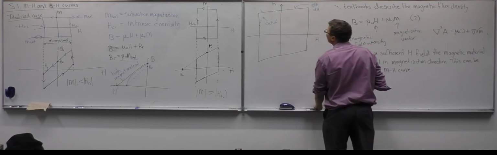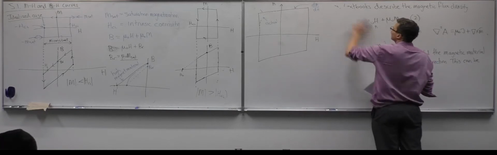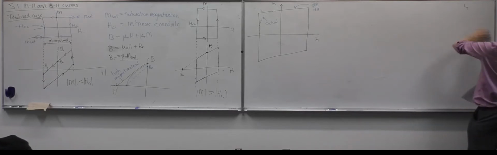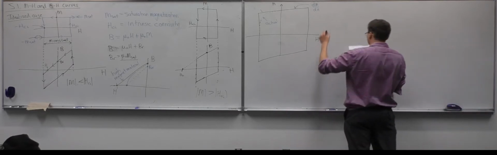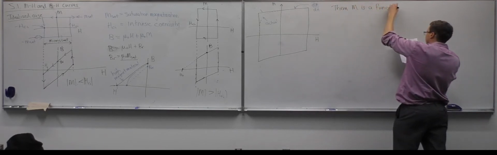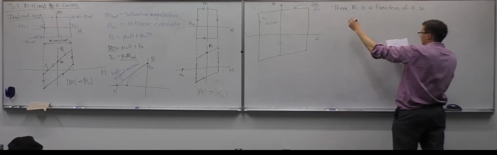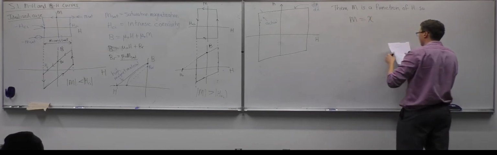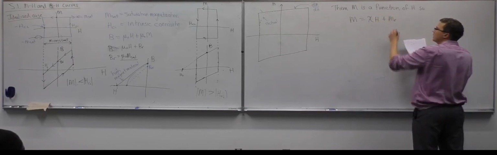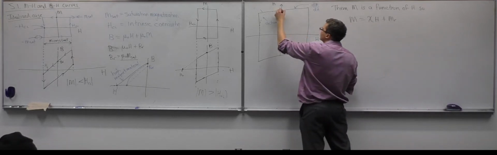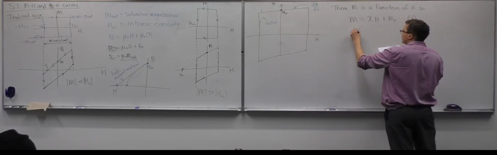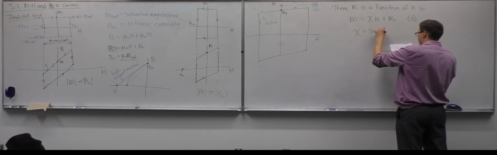Okay, so then in that case, we could write that M is a function of H. So we could write that M is equal to chi H plus MR, where this here is, I'll call MR. And so this chi here is called the susceptibility.